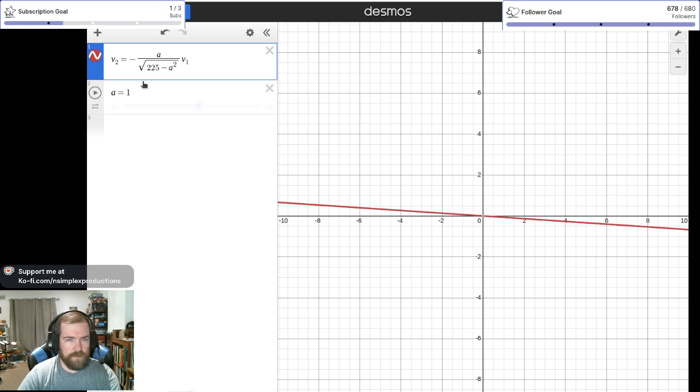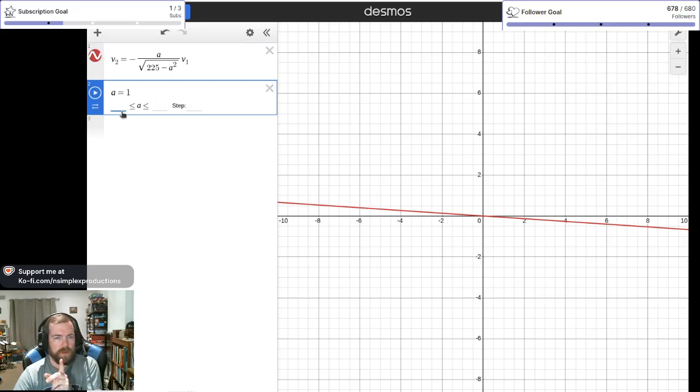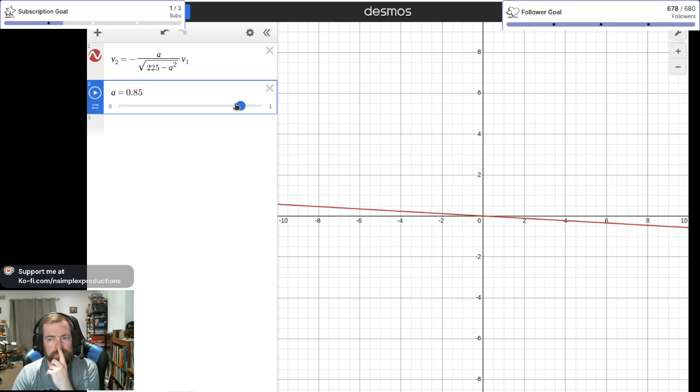Create a slider for a. And we want to know what happens as a starts approaching 0 from a small number. Not quite what I was expecting.